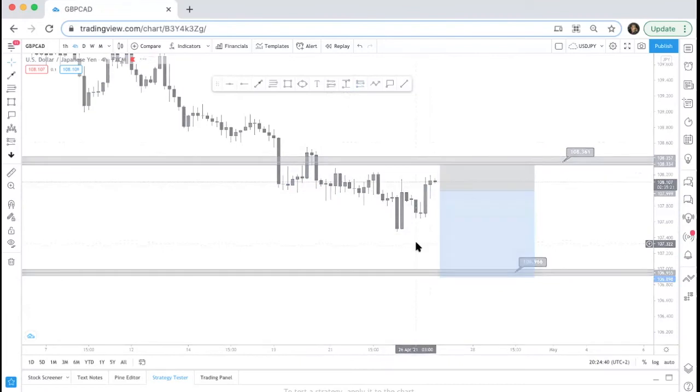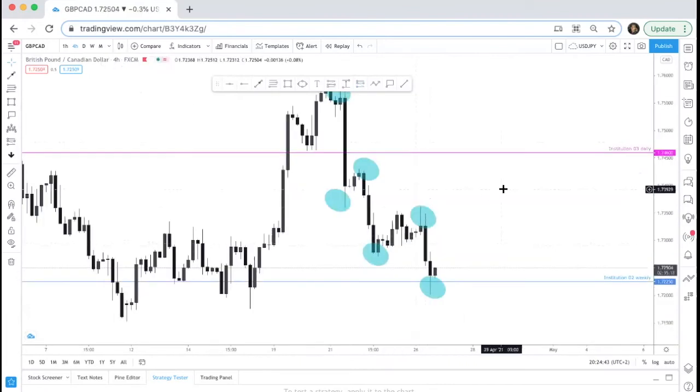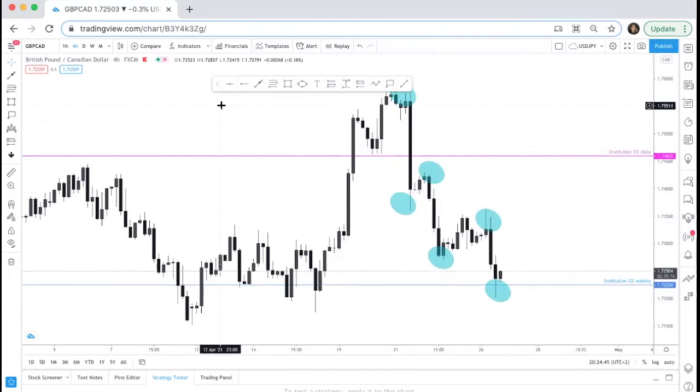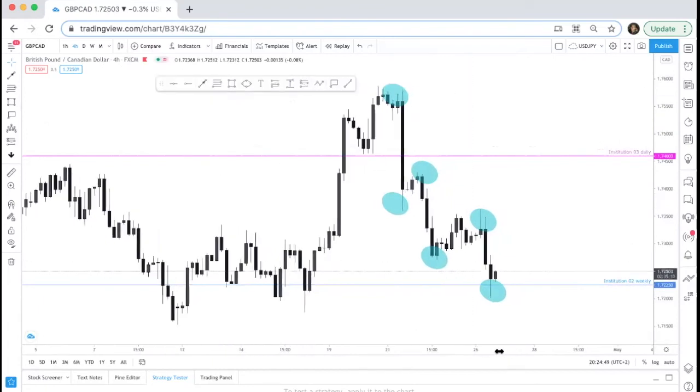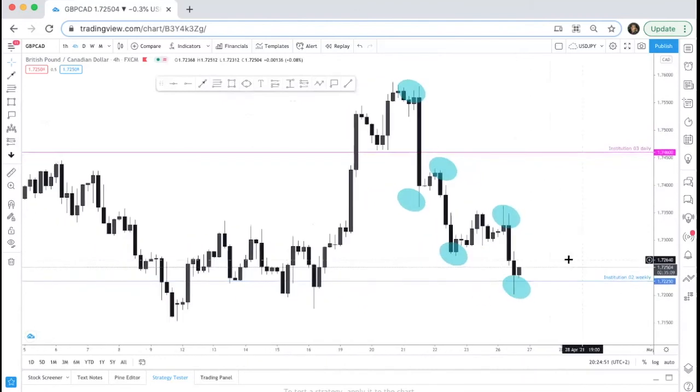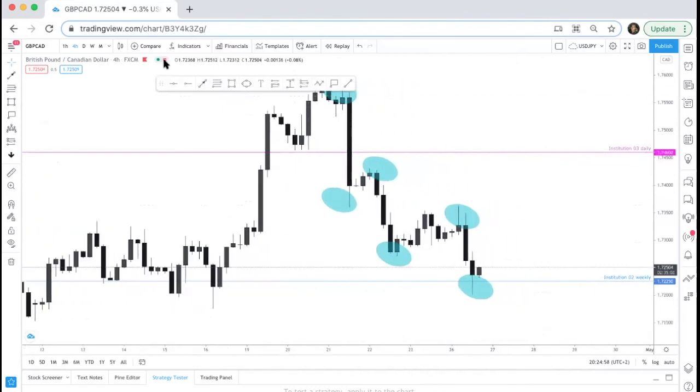And the last pair that I'm looking at for you guys is GBP/CAD, which is right here. As you can see, we are making nice lower lows, lower highs, lower lows, lower highs, and we made a lower low right here. However, on this specific pair, let me just move this out of the way.